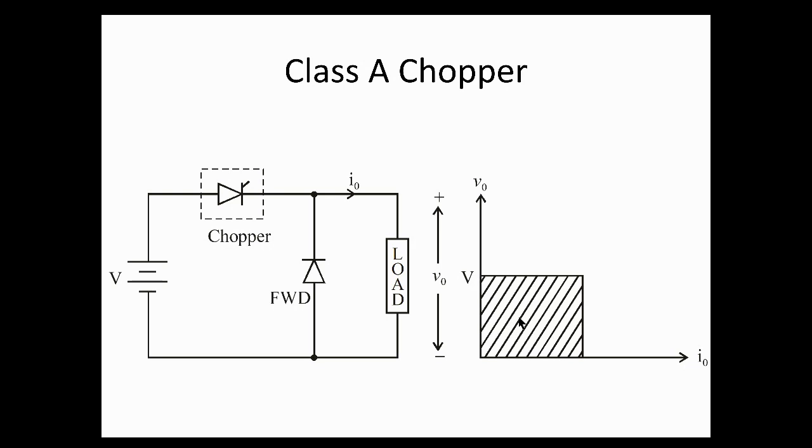As we say, we can use this to control the speed of our DC motor. This is typically a step down chopper, because the power is flowing from the source to the load here. Very good.